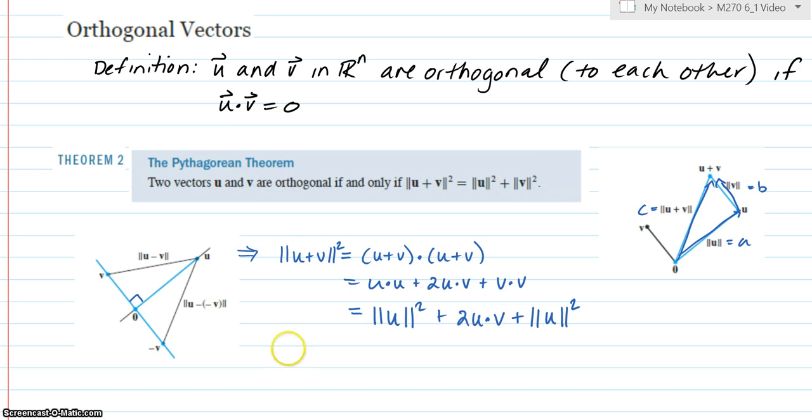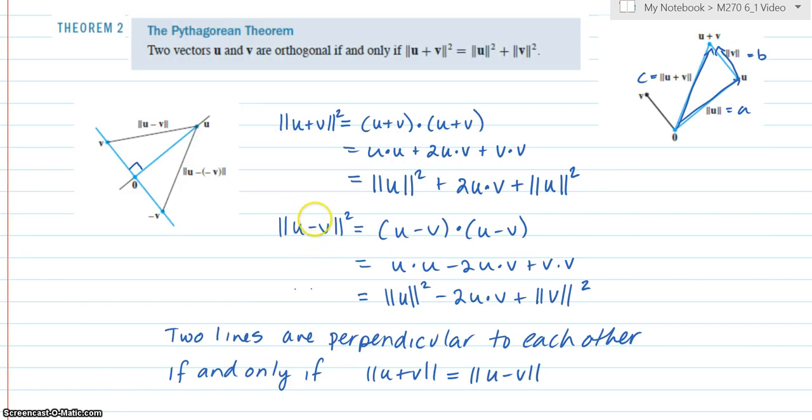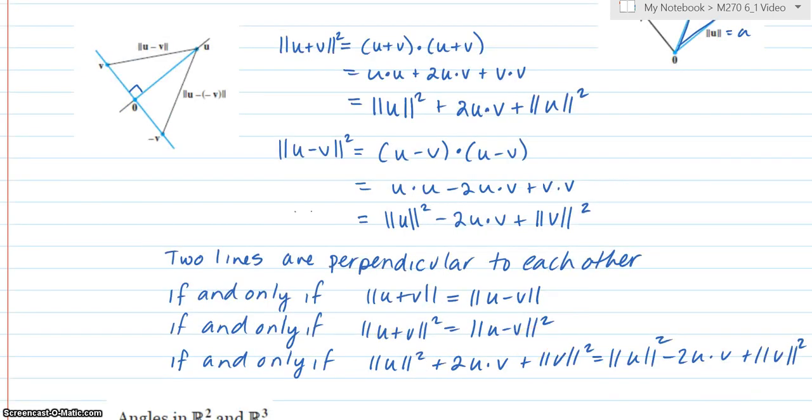To go the other way, I'm going to look at the length of u minus v squared, which is a very similar situation. And actually, I'm going to do it both at the same time. So two lines are perpendicular to each other, we know from geometry, if and only if this length is equal to this length in R2, which is the same thing if I square both sides.